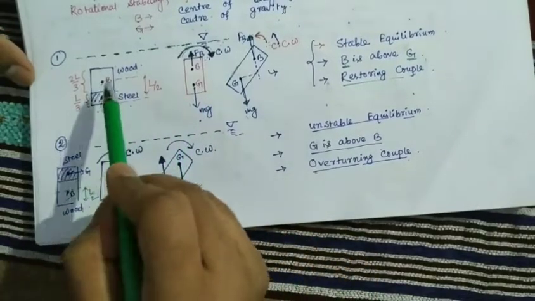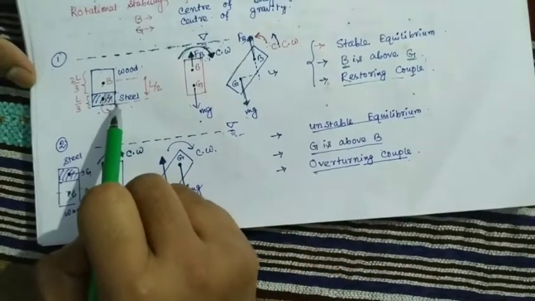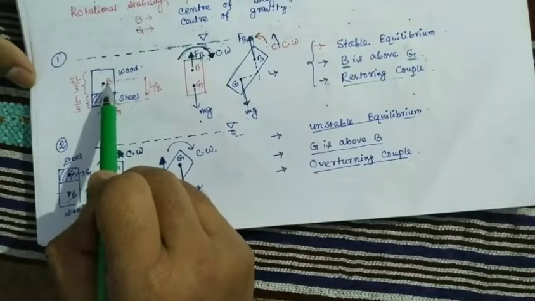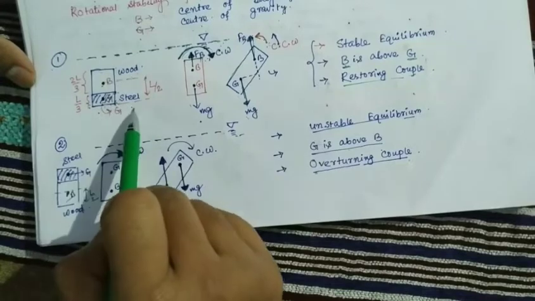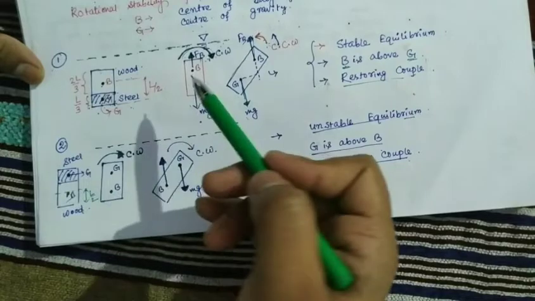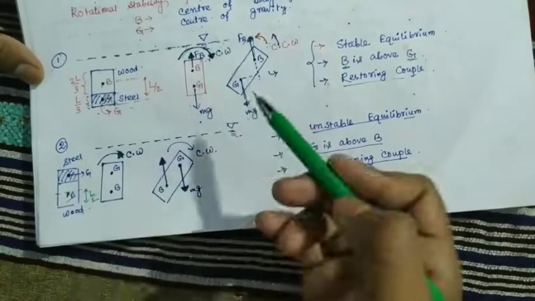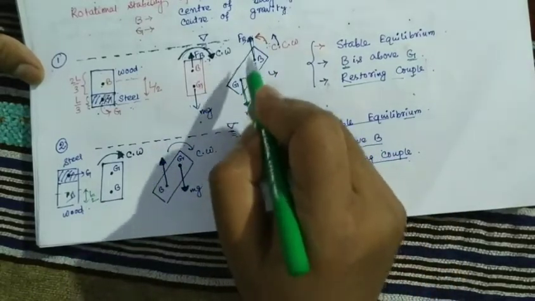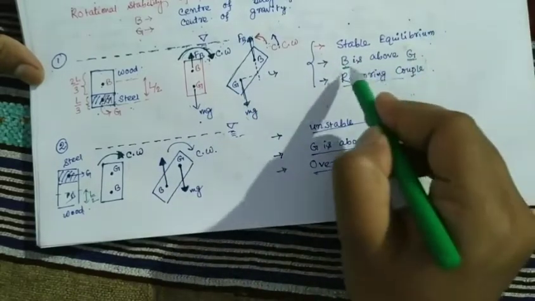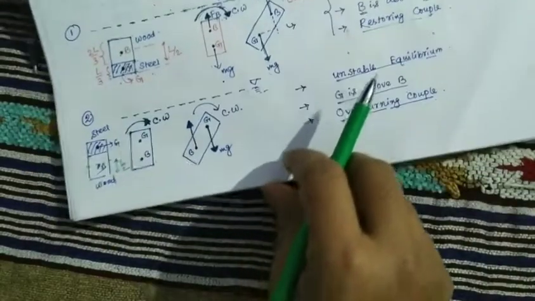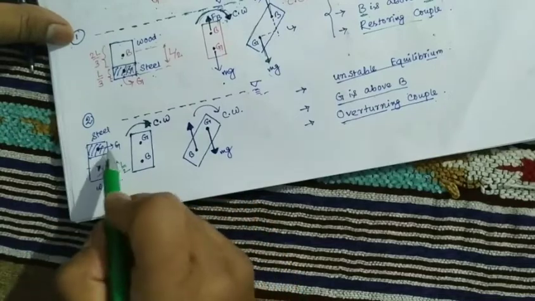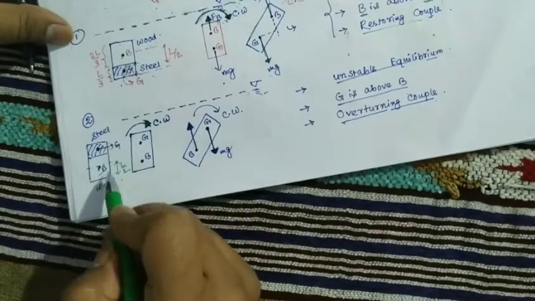For a body fully submerged in a fluid, rectangular in shape with the upper portion made of wood and the lower portion made of steel, if I give a small clockwise rotation, the body regains its original position because a restoring couple is produced. This is the condition of stable equilibrium, where B is above G. In the second condition, the similar rectangular body has the upper portion made of steel and the lower portion made of wood.